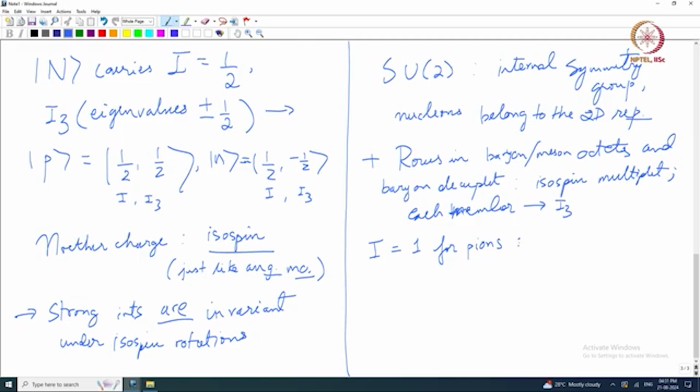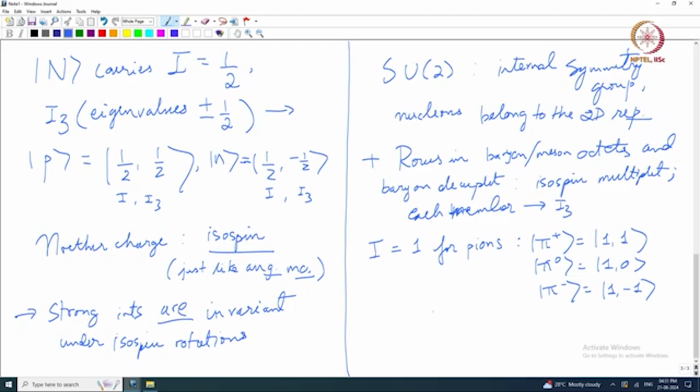So, I can write the pi plus in isospin space is basically 1 comma 1, the pi 0 is 1 comma 0 and the pi minus is 1 comma minus 1. See, just like spin. So, if the spin is 1, I have 3 possibilities for I3 and that is what I have written down, okay, and you assign I3 in this way, right.